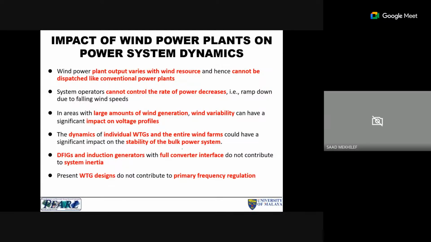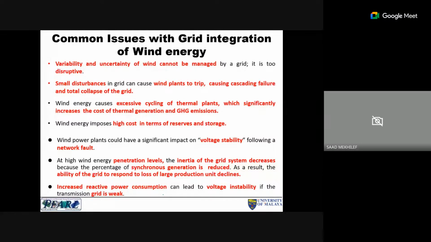So with the present wind turbine designs, they don't contribute to frequency regulation. However, as I say, nowadays there are many regulations that need to be in place to try to regulate. So, common issues of grid integration, I think we mentioned most of them. Wind cannot be managed, and a wind plant can trip, causing cascaded failures up to total collapse of the grid.